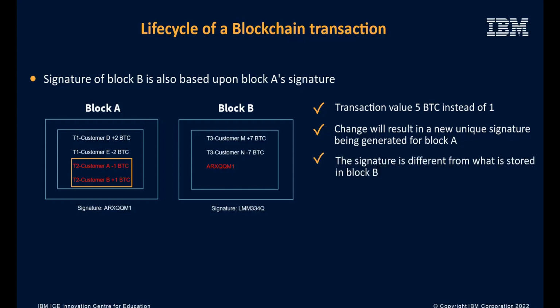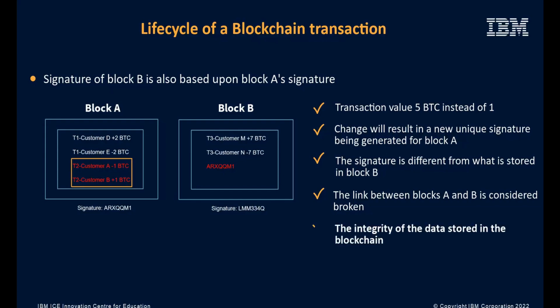Since the signature is different from what is stored in block B, the link between blocks A and B is considered broken. The nodes see this as a problem and reject the change. Thus, the consensus mechanism ensures the integrity of the data stored in the blockchain.